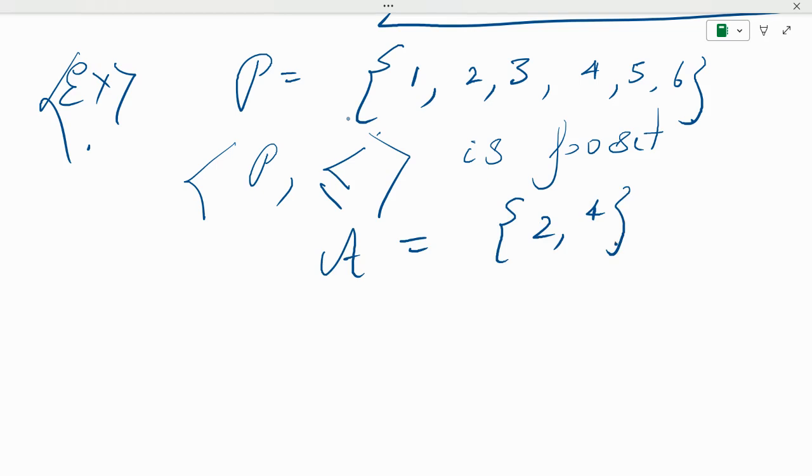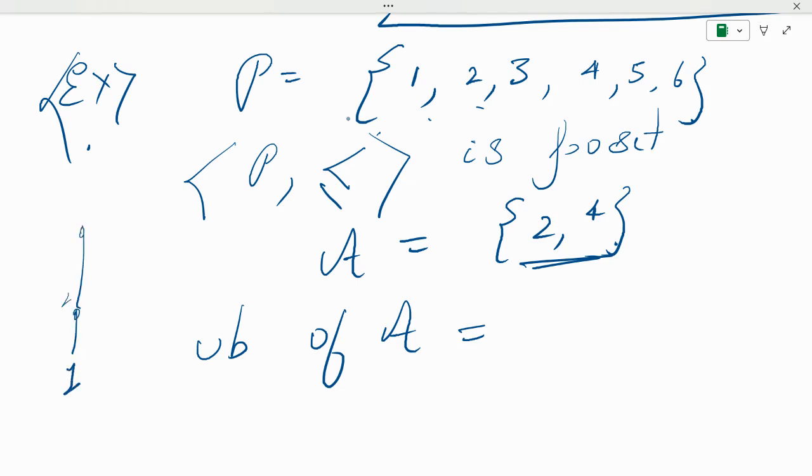If we have to define the upper bound of A, it will be any element belonging to this. You have this diagram, something like 1, then 2, then 3, then 4, then 5, then 6, like this.